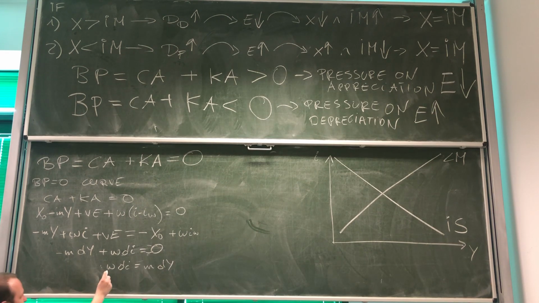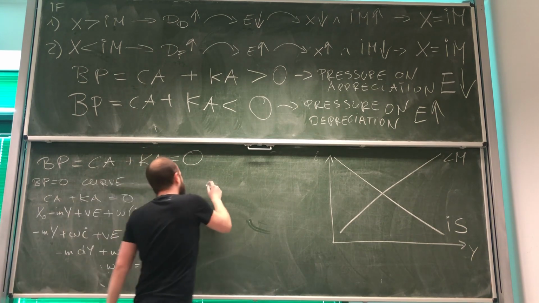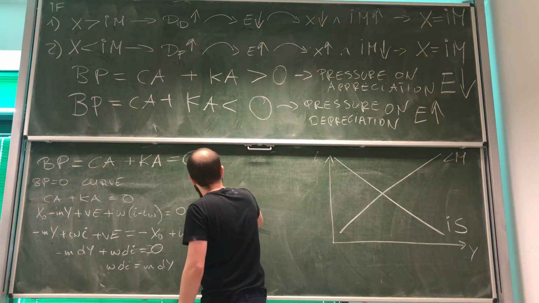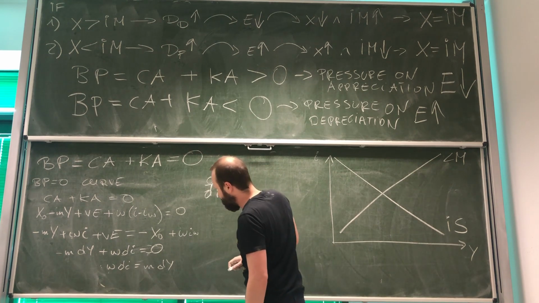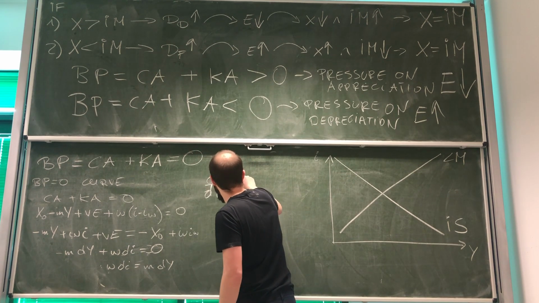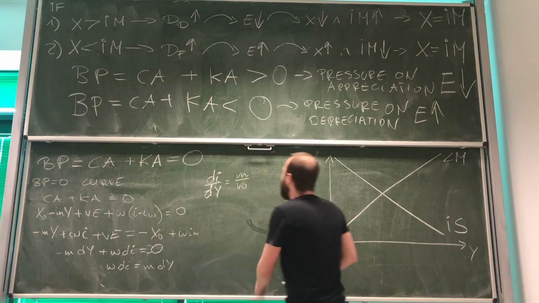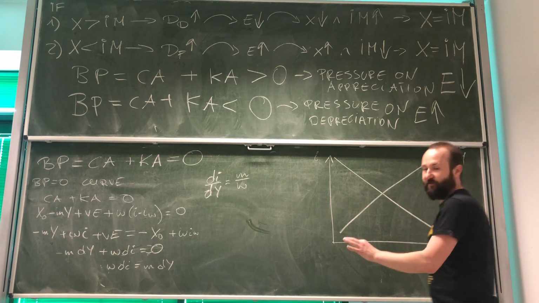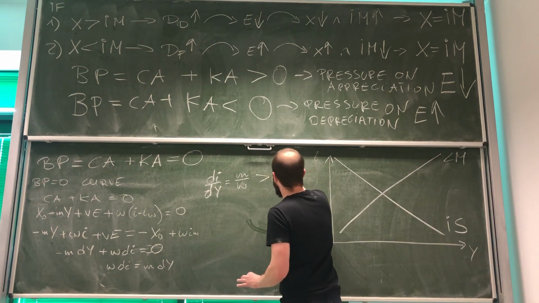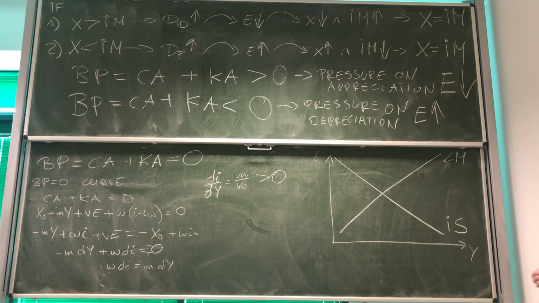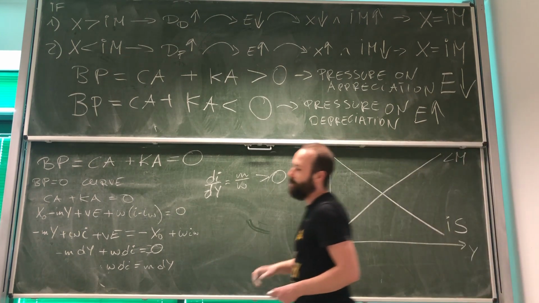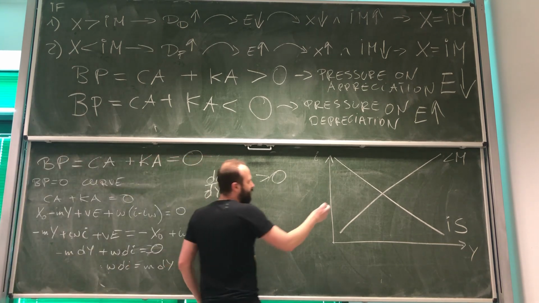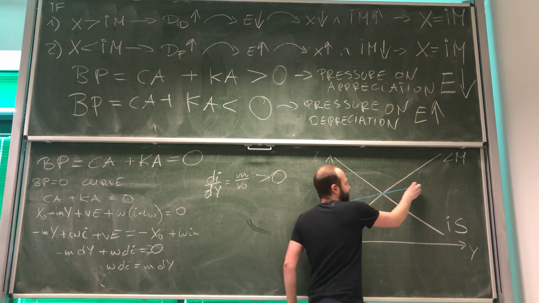Now, dividing both sides by w and dy, we get that the slope of BP, given by the derivative di/dy, is equal to m over w, which we already established are both positive numbers, which means that the slope of BP is also positive. So we can draw BP over here, let's just say like that.